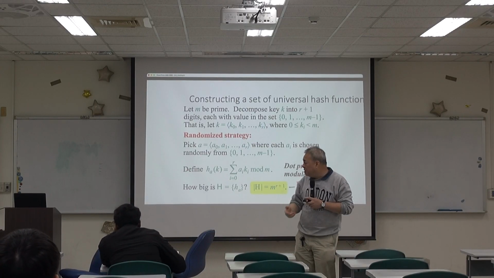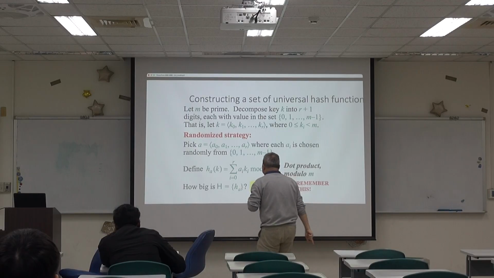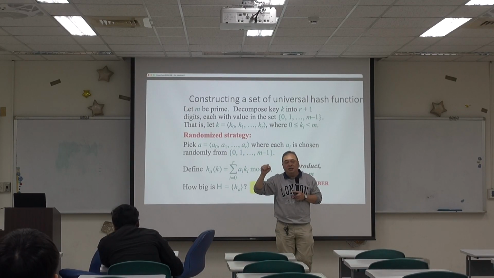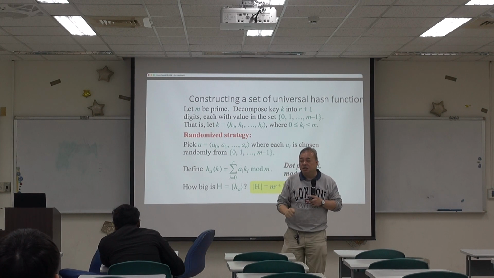So totally, because we have from a_0 to a_r, we have r plus 1 numbers a_i to choose.